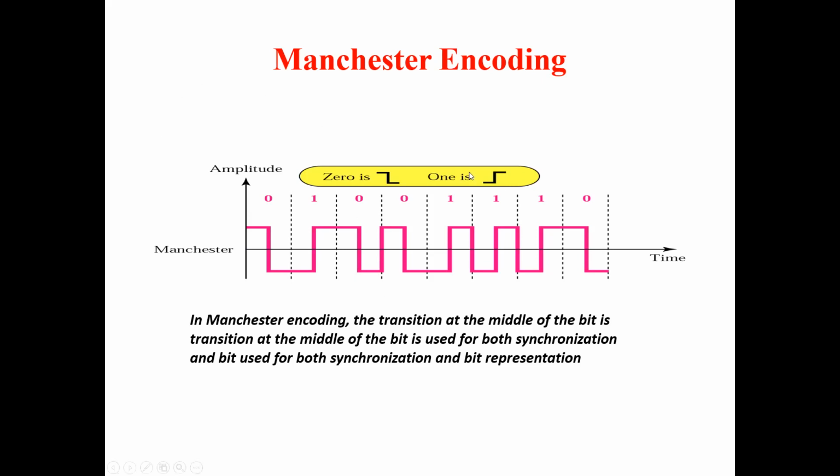This is the most important feature of Manchester encoding. You have to draw this diagram and explain it. It is a self-clocking signal with no DC component. Take the sequence 0 1 0 0 1 1 0; this is time, this is amplitude. This is the Manchester encoding: we can represent 0 with this and 1 with this.